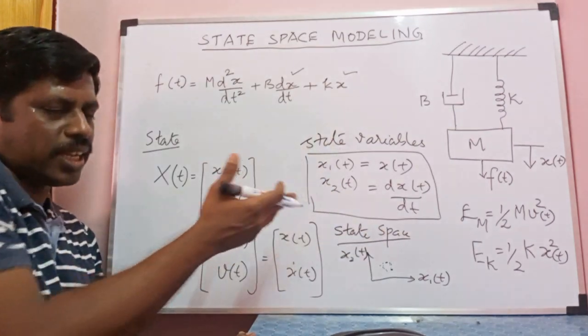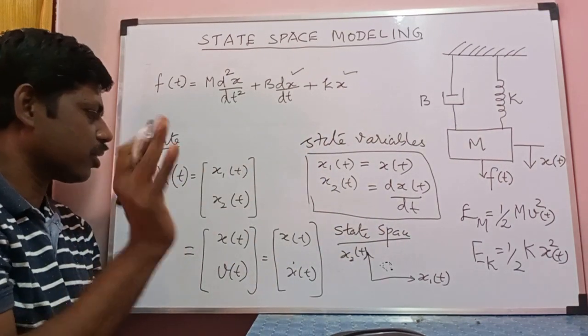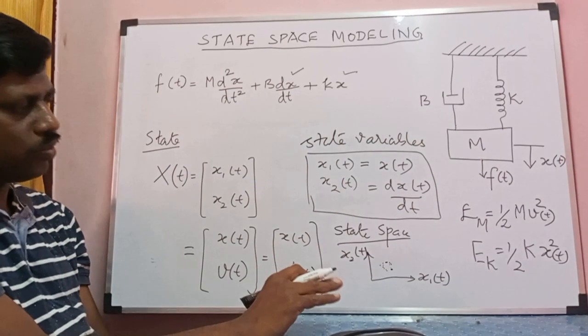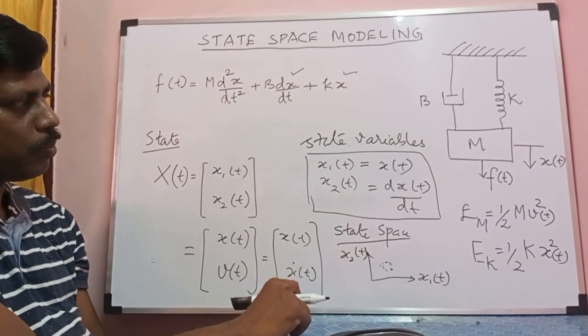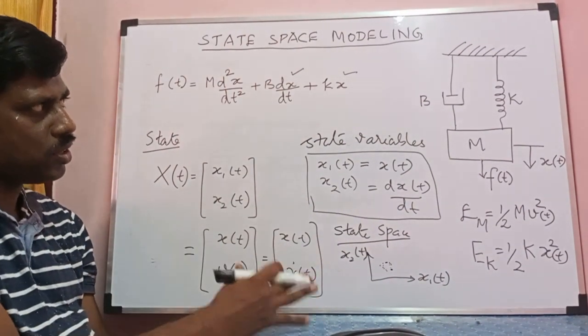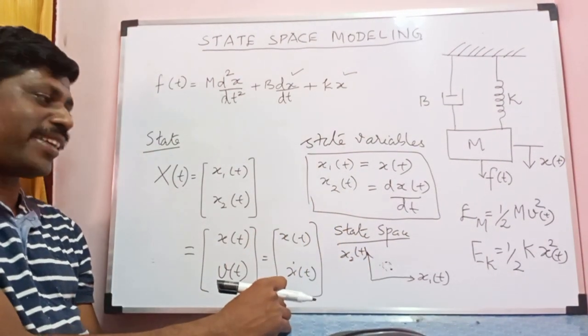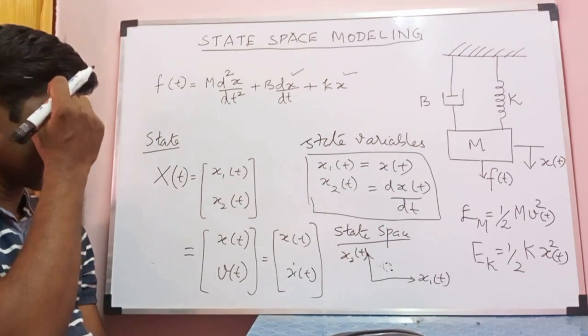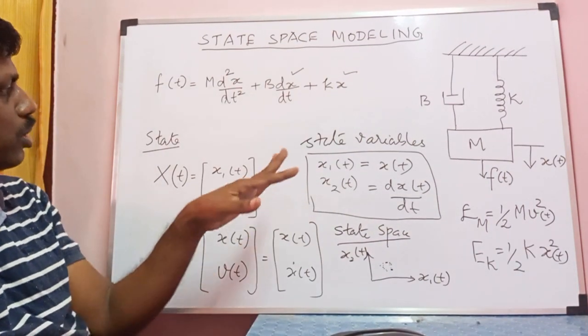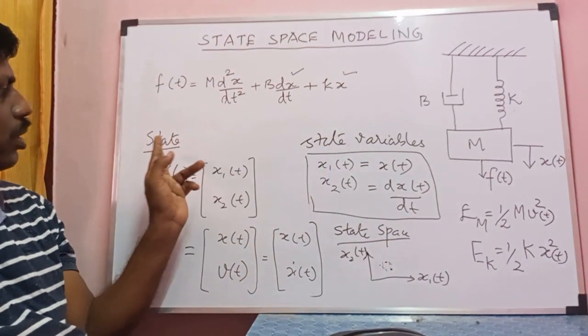I'll get something called a trajectory, which you can study in detail. This is what we call the state space, and the analysis of the system within the state space is what we call state space analysis.